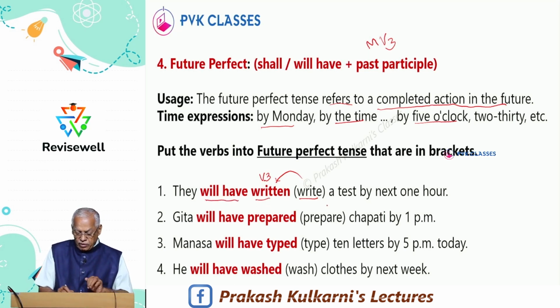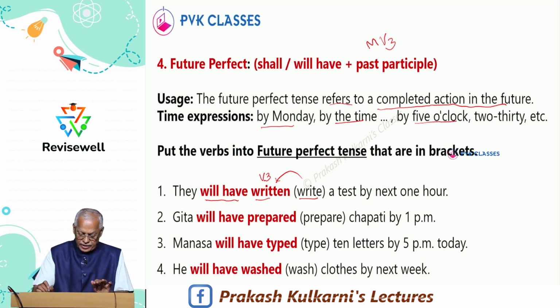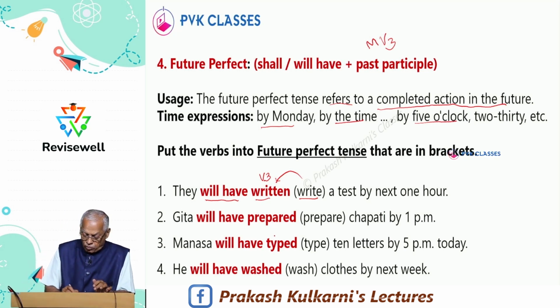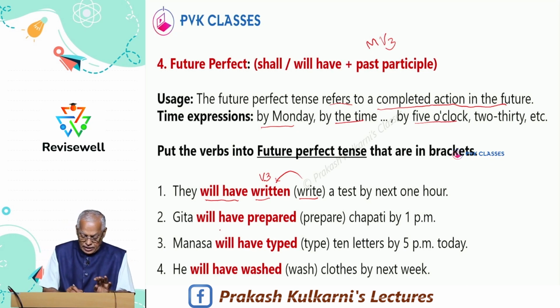So they will have written a test by next 1 hour. ಮುಂದಿನ 1 ಗಂಟೆ ಹೊತ್ತಿಗೆ ಅವರು ಟೆಸ್ಟ್ ಅನ್ನು ಬರೆದು ಮುಗಿಸಿಬಿಟ್ಟಿರ್ತಾರೆ. They will have written. Geeta will have prepared chapati by 1 p.m. 1 ಗಂಟೆ ಹೊತ್ತಿಗೆ ಗೀತಾ ಚಪಾತಿ ಮಾಡಿ ಮುಗಿಸಿಬಿಟ್ಟಿರುತ್ತಾಳೆ. Geeta will have prepared.